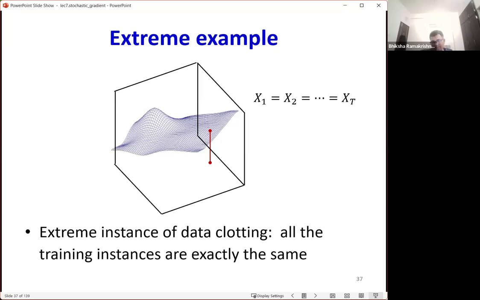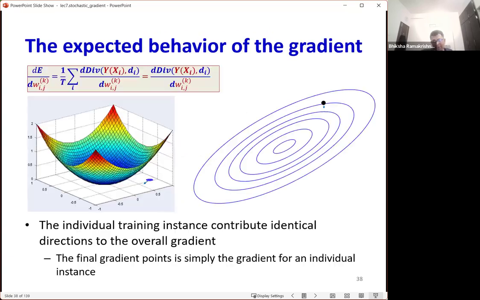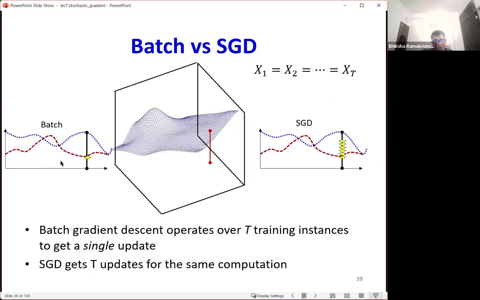It's just going to be the same. Every single training instance will have the same divergence. So the average is going to have just the same divergence as you'd get for one training instance. And so although you processed your entire training data, the net correction you got was exactly the same as if you'd seen only one training point, because the average was the same as the divergence for any individual training point.